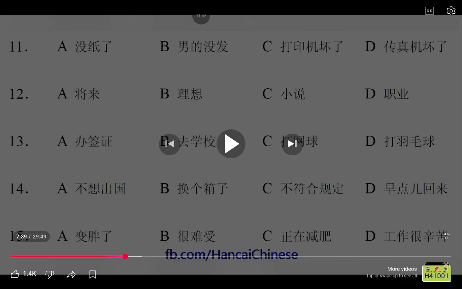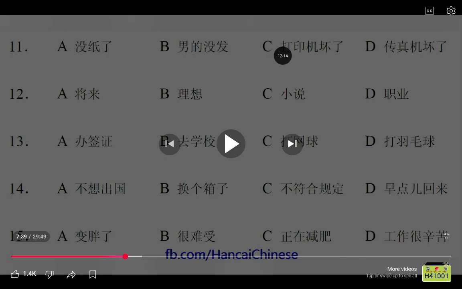For example, I already mentioned in my tips part, the verb is most important. Here you can see what is important. A, mei you, have not, and this is the noun G, meiji. There is no pepper. And this one, mei fa, means haven't sent or didn't send.